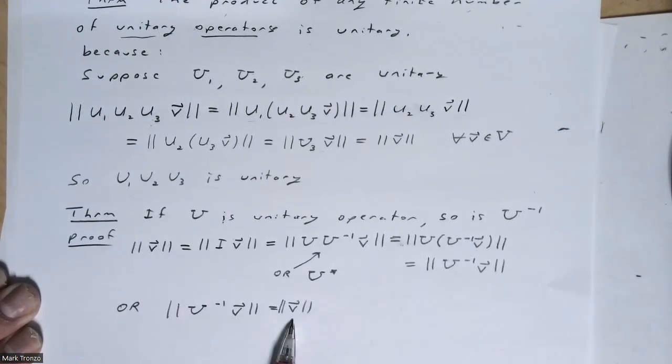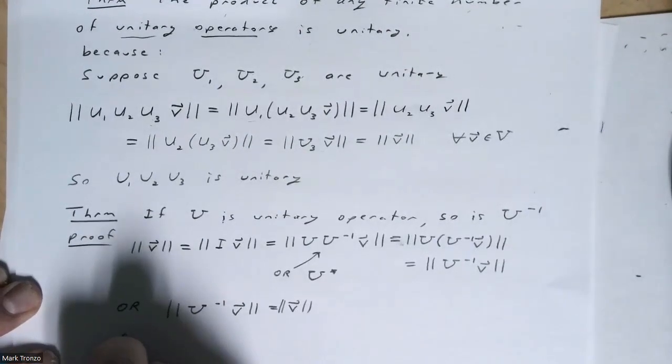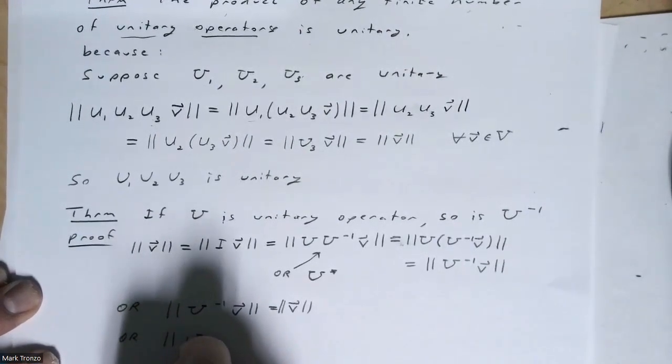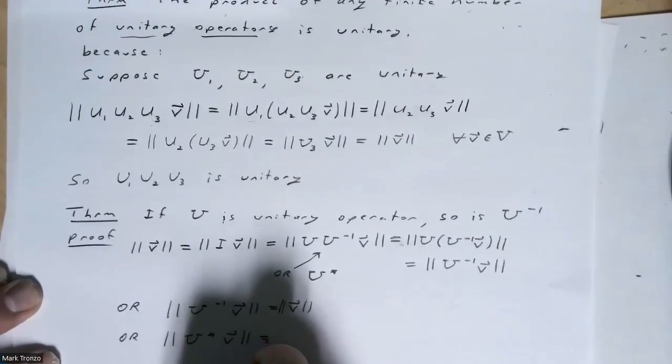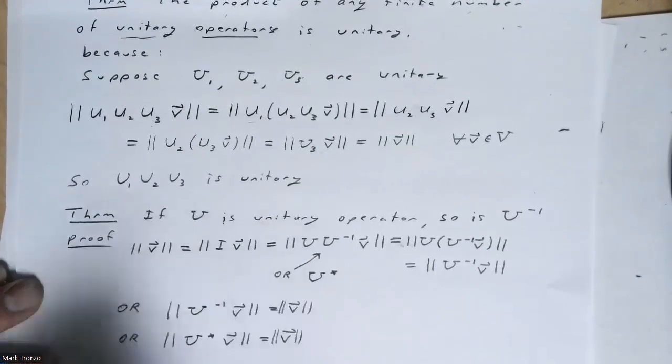So we have the norm of V equal to the norm of U inverse V, or, as I said, in the case of the unitary operator, we can say this.